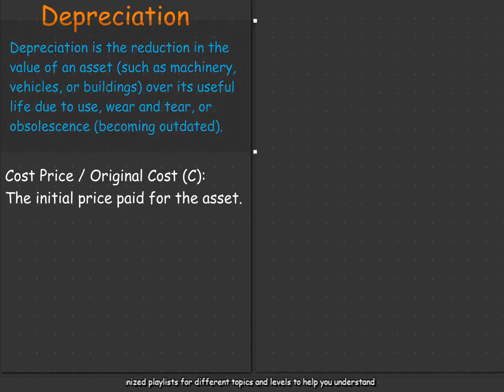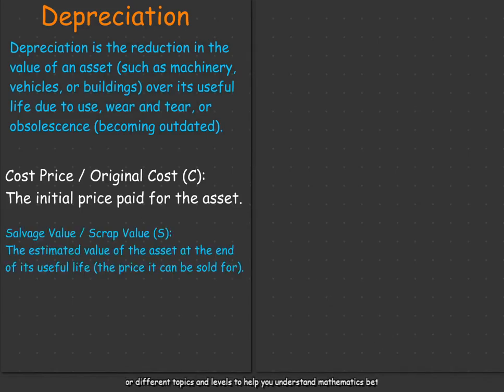The next one we'll look at is what we call the salvage or the scrap value. So the salvage or the scrap value is the estimated value of the asset at the end of its useful life. So you actually bought a car and then it will be useful for, let's say, 7 years. On the seventh year, what is the worth of the scrap? You see, and that is what we call the scrap value or the salvage value.